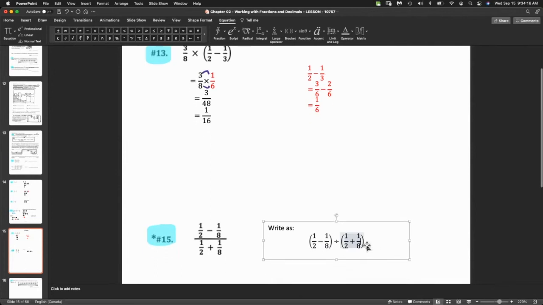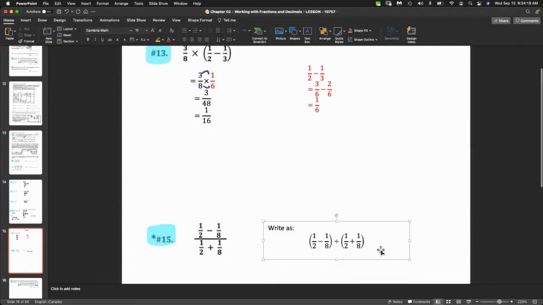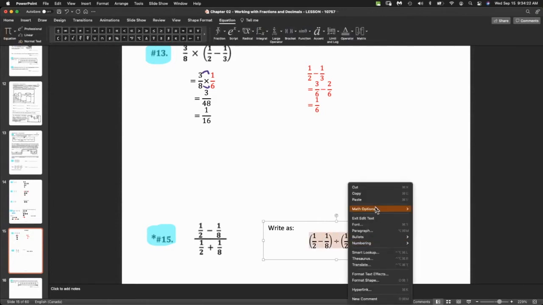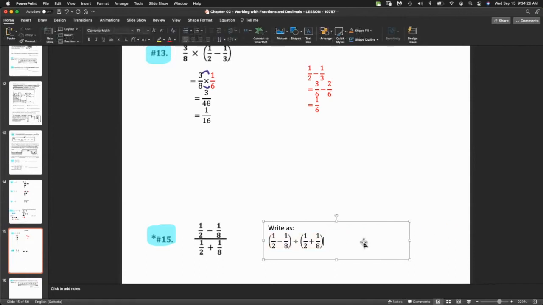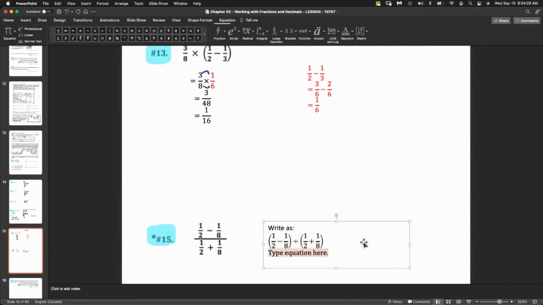You could rewrite the question like that and then work through the brackets first, and eventually you'll get somewhere useful. So in this case, you would do the brackets first.